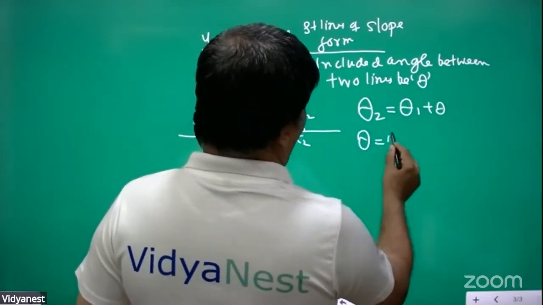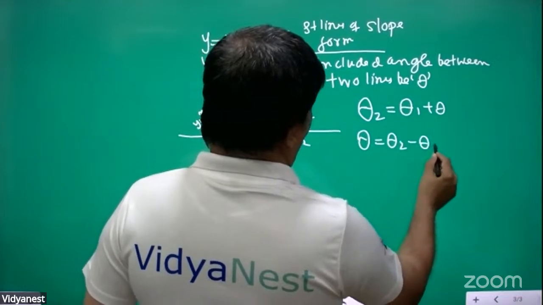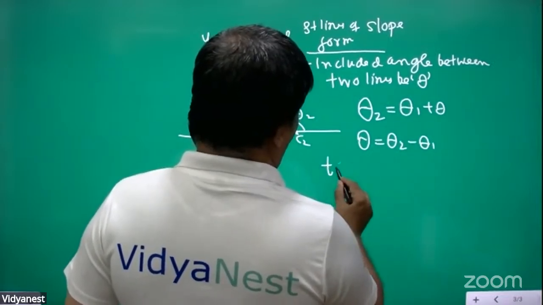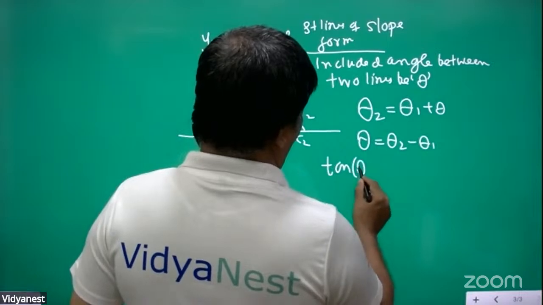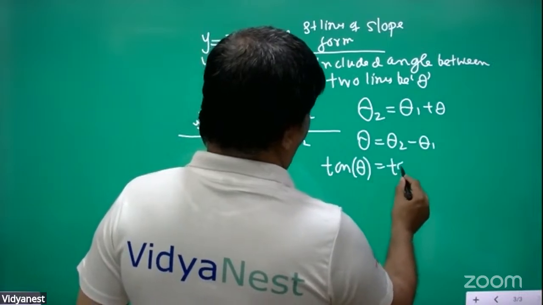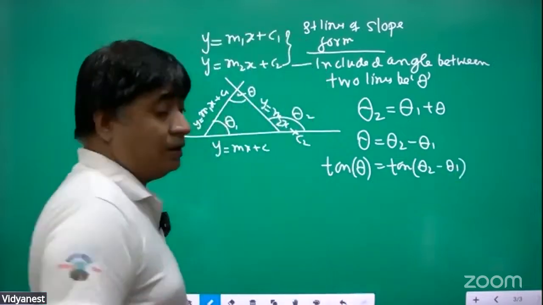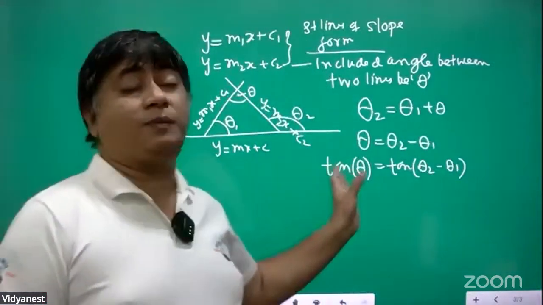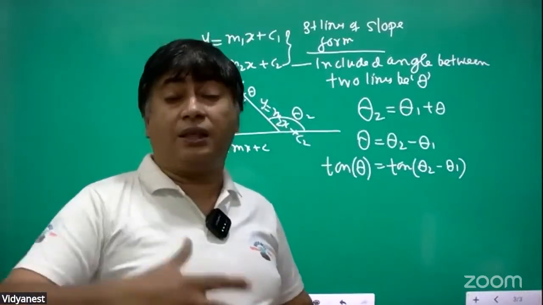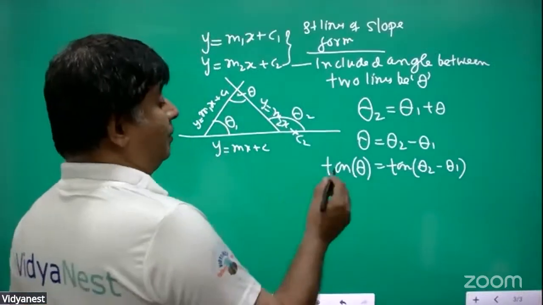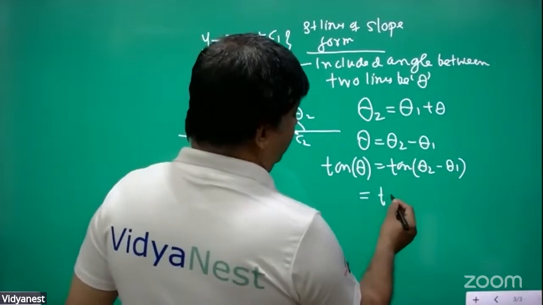So theta is theta 2 minus theta 1. Now you take tan to both sides. Once you have taken tan to both sides, how will you expand it? Just use tan(a minus b), class 11 level trigonometry.